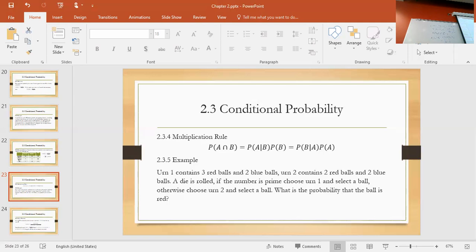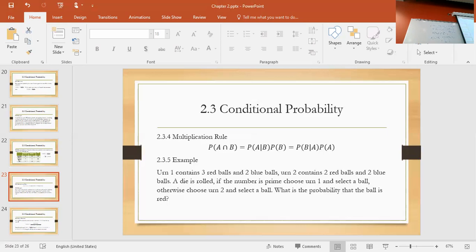What is the probability that the die is a prime number? Remember prime numbers? How many prime numbers do we have from 1 to 6? 2, 3, 5. How many of them? 3. So what is the probability of getting a prime number when you roll a die? It is 1/2.